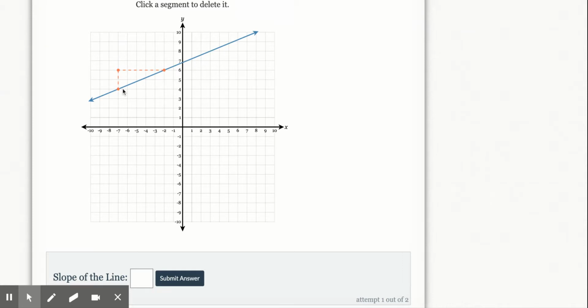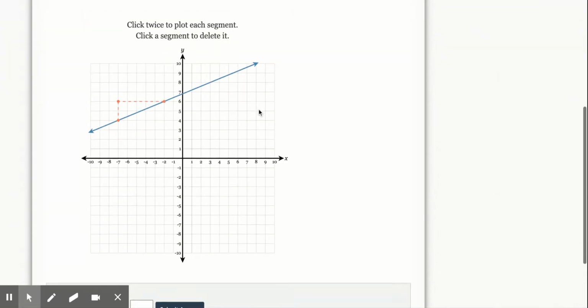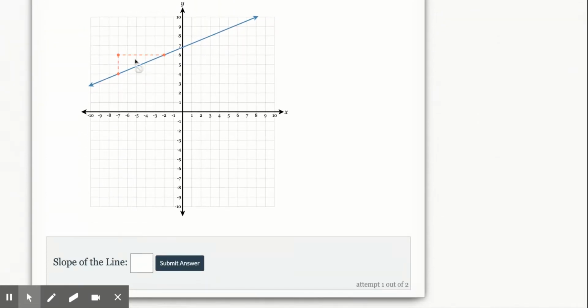Slope is always rise over run, as they say here. What they mean by rise is how much does the line go up? What they mean by run is how much does the line go across? And we put the up in the numerator of our fraction and the across in the denominator. So let's find our up first. I'm going up 1, 2, 2 boxes.